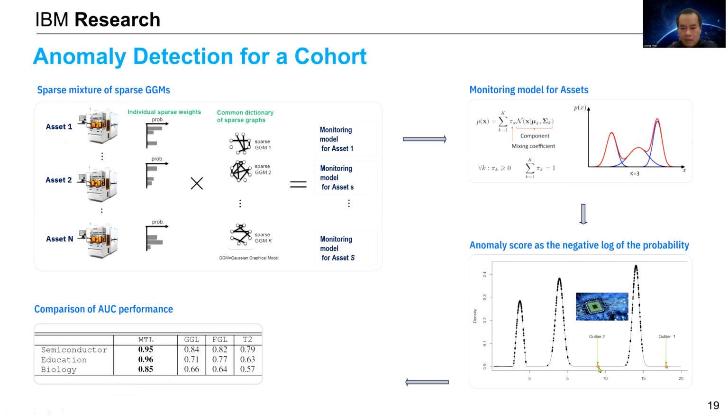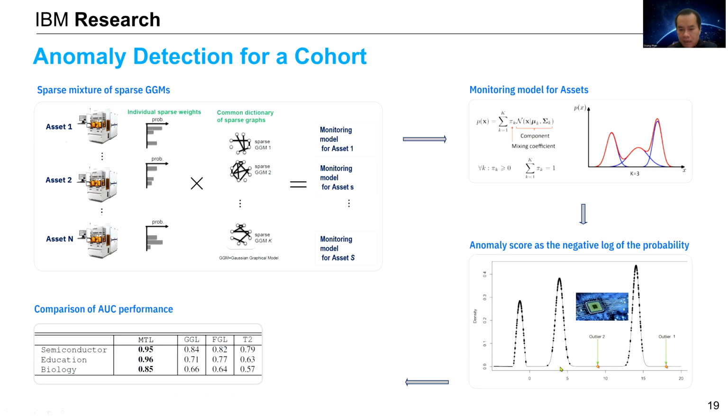So if there's some point over here, it gets the lower abnormality score. So this one is the low likelihood, but in terms of abnormality score, it's a high abnormality score, and then we can classify this one as the outlier.